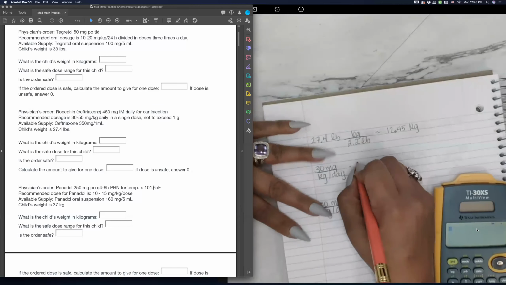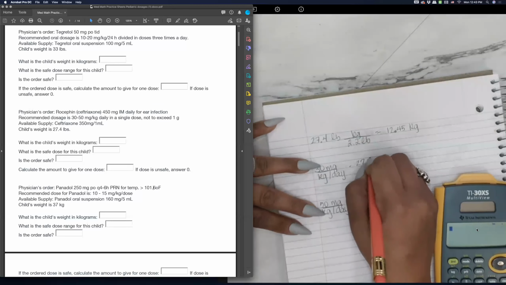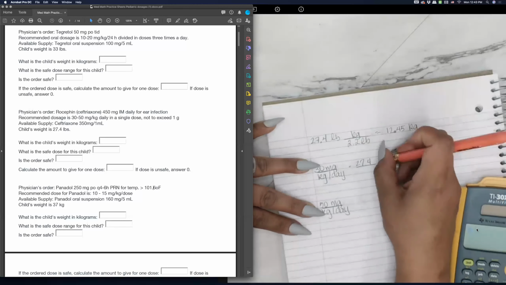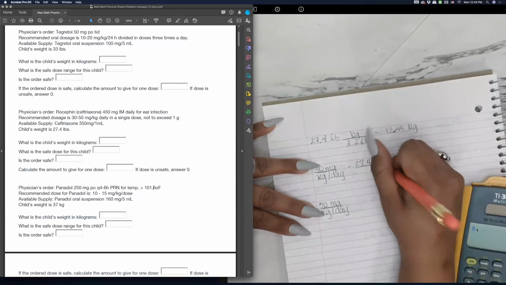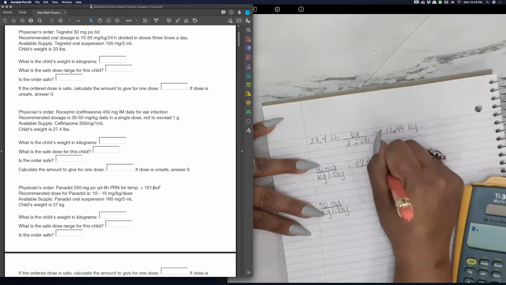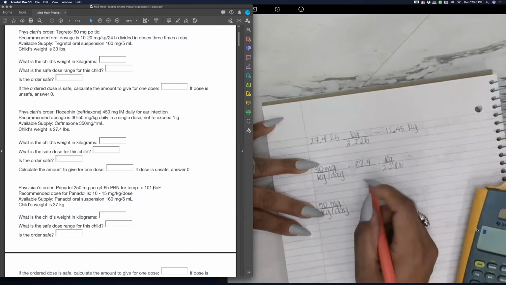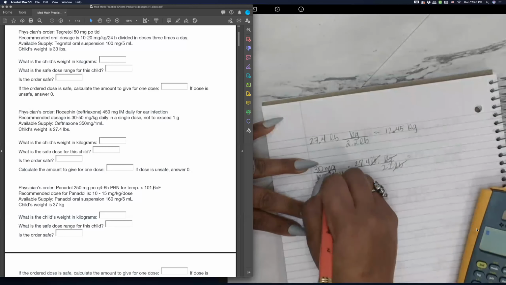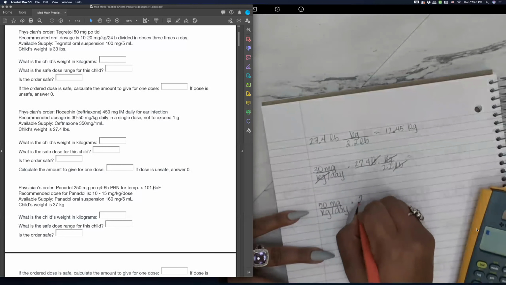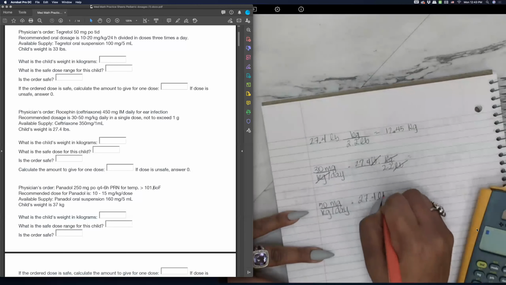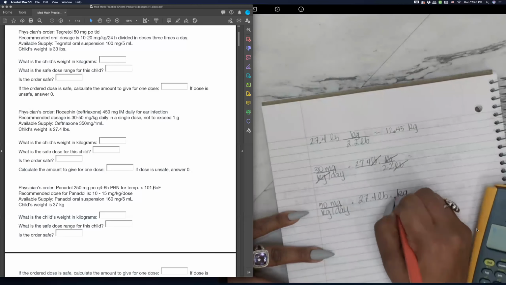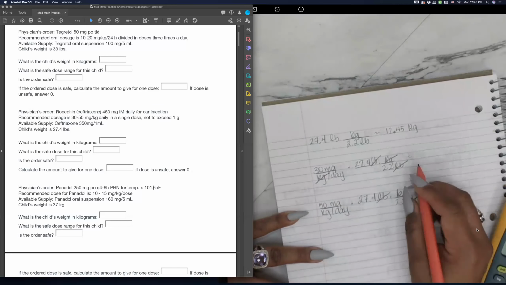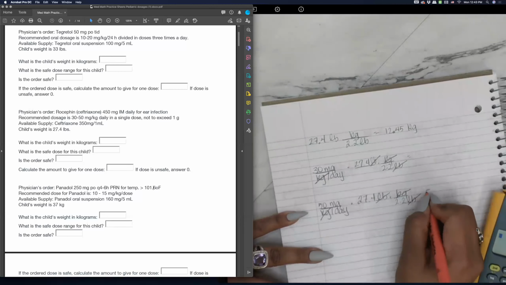And then we're going to keep our 27.4 and go ahead and divide that by 2.2 pounds. Our unit of pounds will cancel, and our unit of kilograms will cancel. Same setup. Our unit of pounds will cancel, and then our unit of kilograms will cancel.